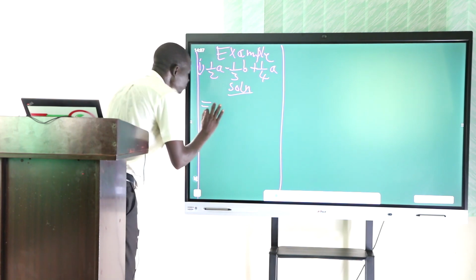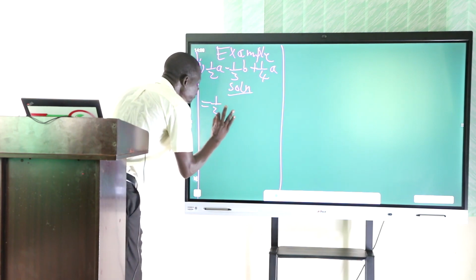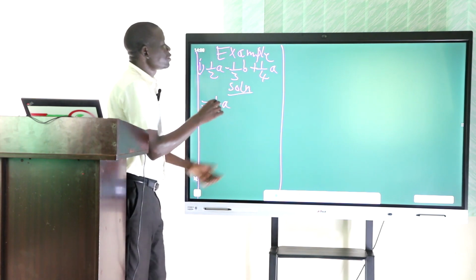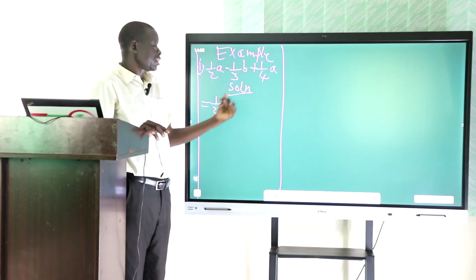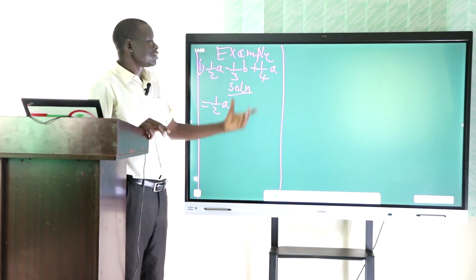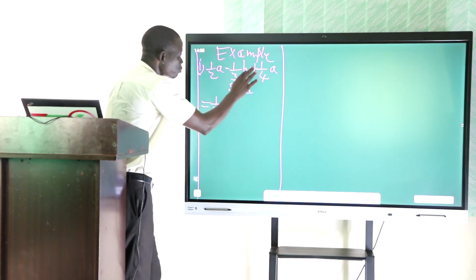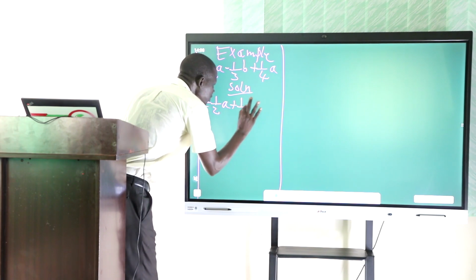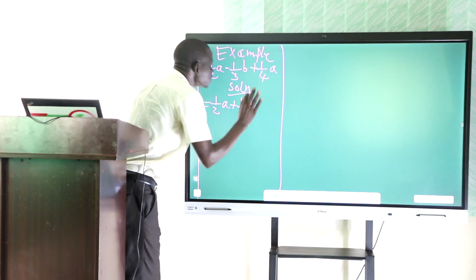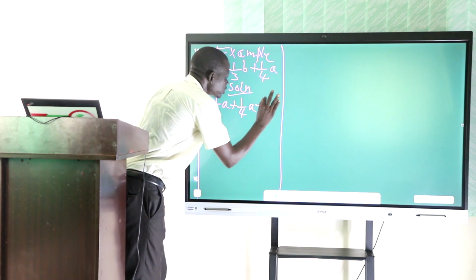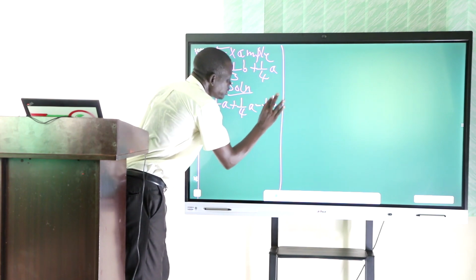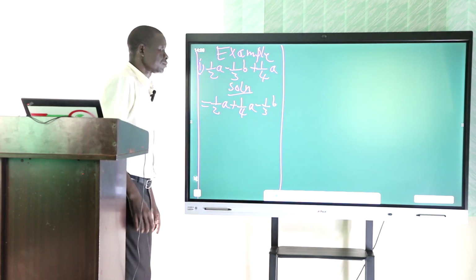This will be a half a, then you bring the quarter near half, but you make sure you bring it together with its sign. So we shall say plus a quarter a, then minus a third B, like that.